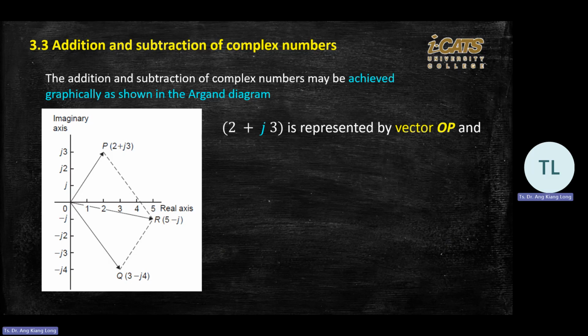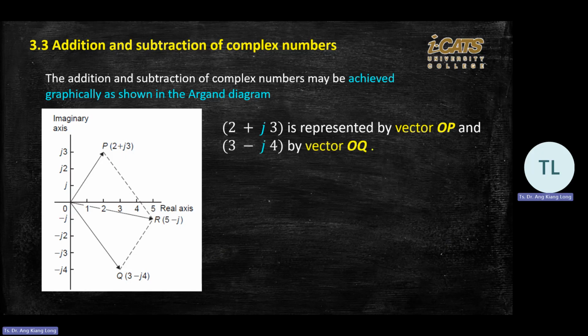So you draw on the Argand diagram. 2 means go to the real axis 2, and then plus 3 will go up here. So you need to draw the direction. You can see it as a vector, so you need to draw the arrow pointing from the origin to the location of 2 plus j3. Okay. And remember on the Argand diagram, we have 4 quadrants. First quadrant, second quadrant, third quadrant, and fourth quadrant.